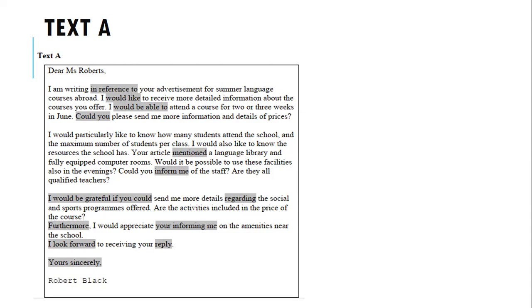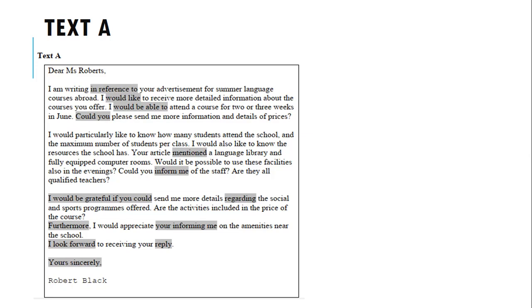Regarding, have a look at the variety of vocabulary. The vocabulary is no longer simple, but academic and formal. Regarding, in reference to, I would be grateful if you could send me more details regarding the social and sport programs offered.